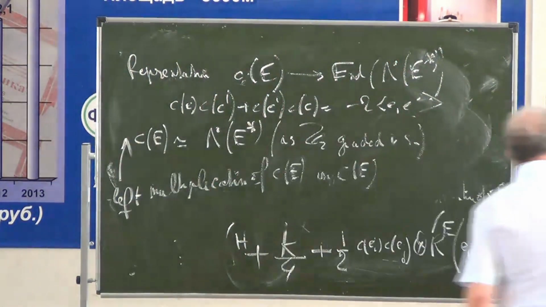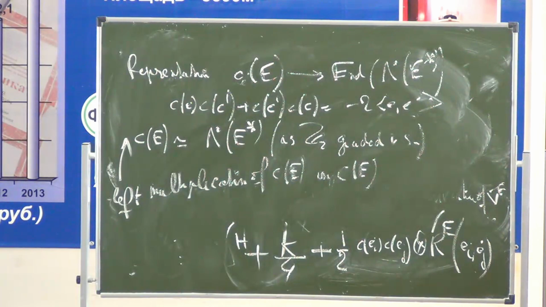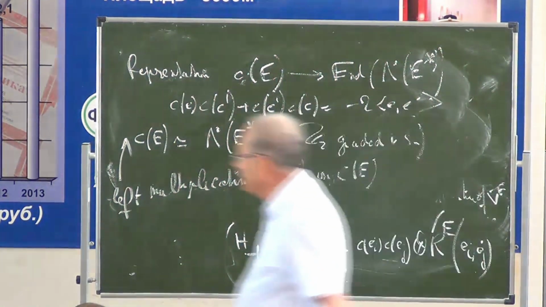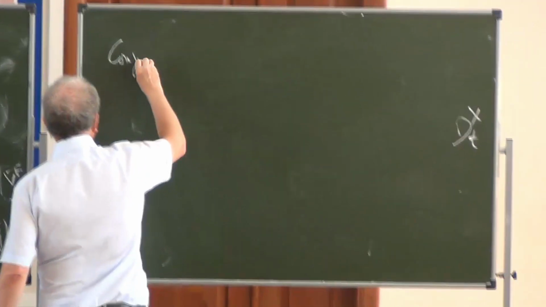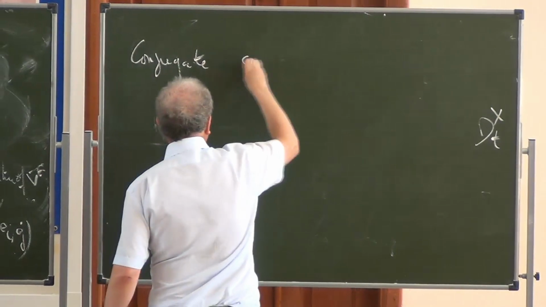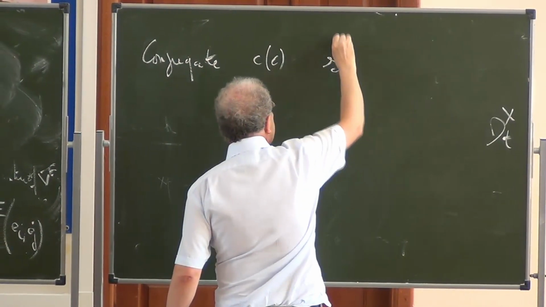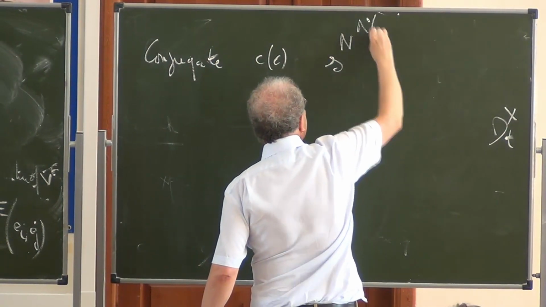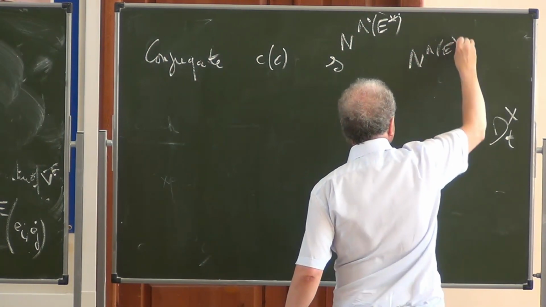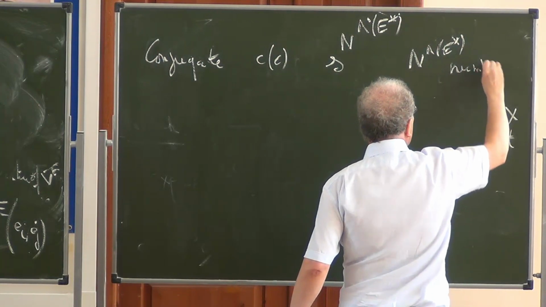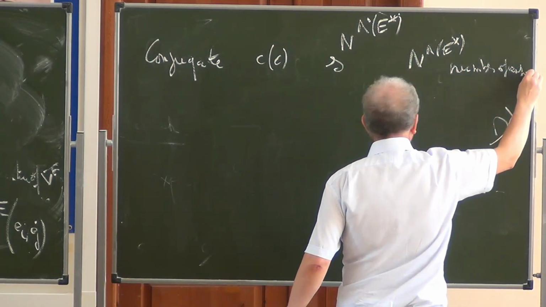But now, actually, this is one of many representations, because we can always conjugate such c(e), let's say, by s to the power N_Λ(E*). N_Λ(E*) is just the number operator of the exterior algebra.